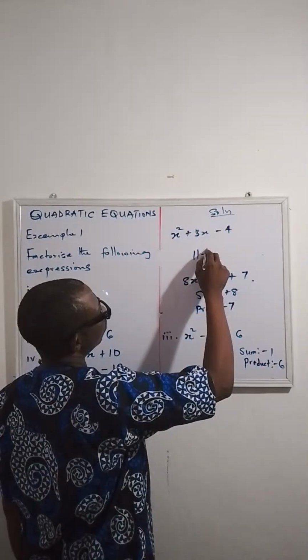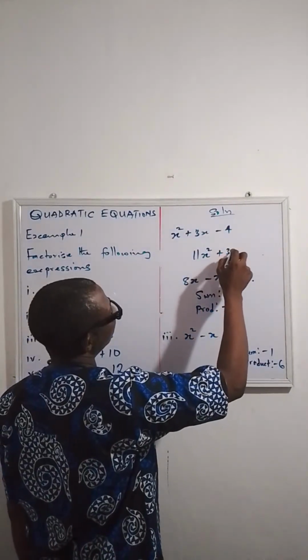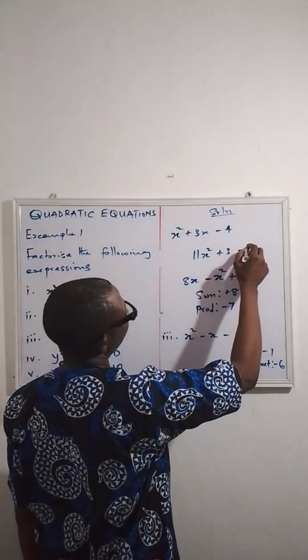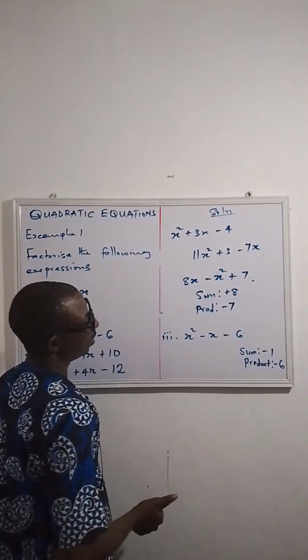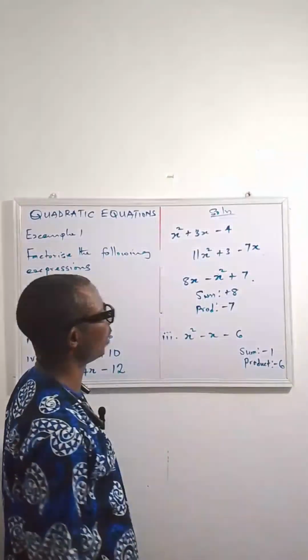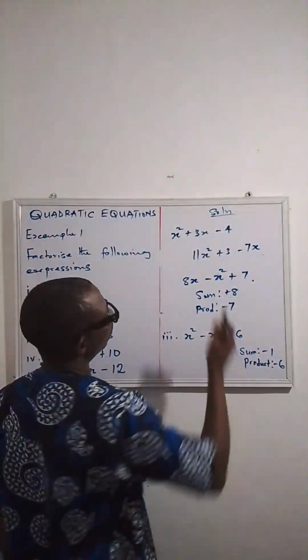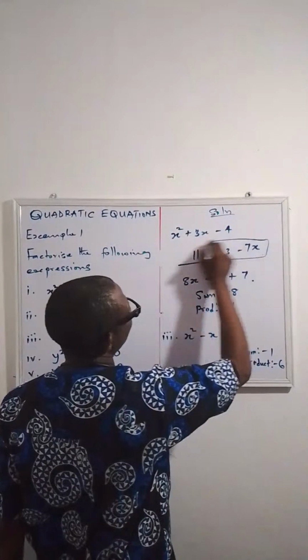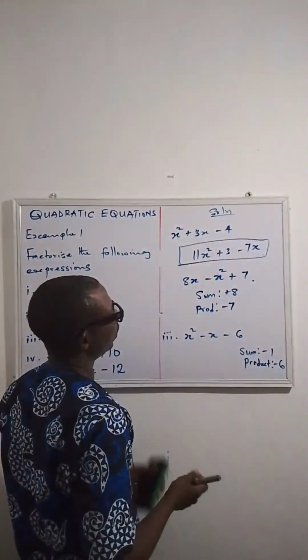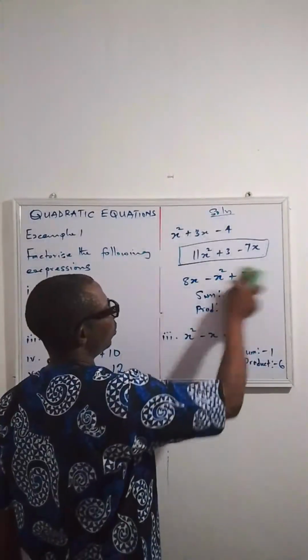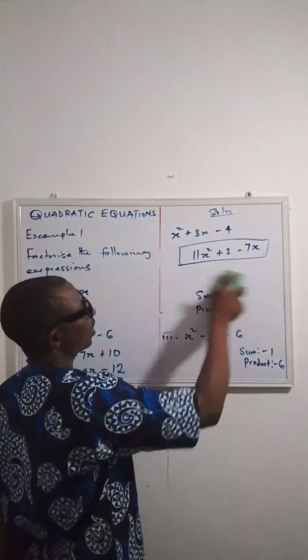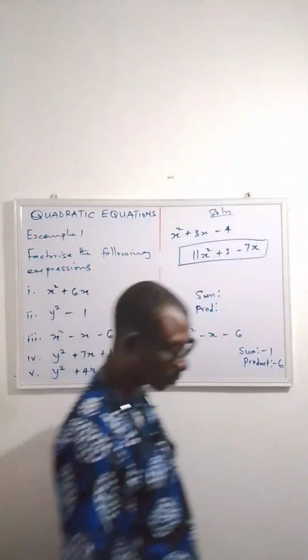11x squared plus 3 minus 7x. Okay, so now here, can you find the sum and product of this quadratic expression?